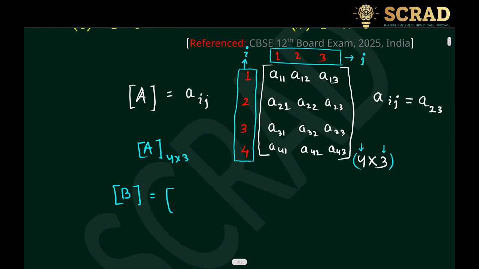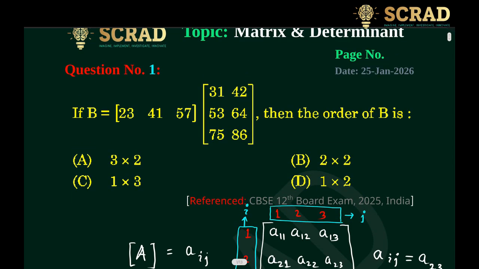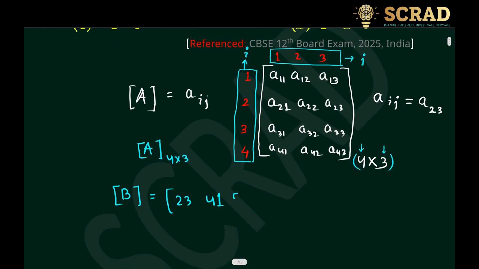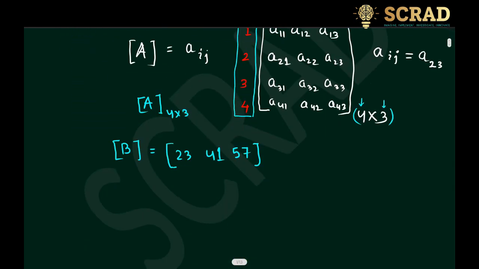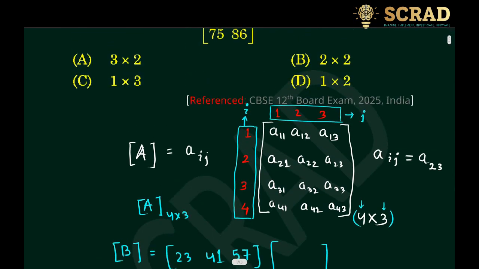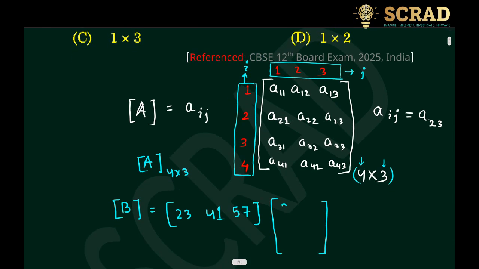23, 41, and 57. This is the first matrix. The second matrix given is a 2 cross 3 matrix. So 31, 42, 31, 42.